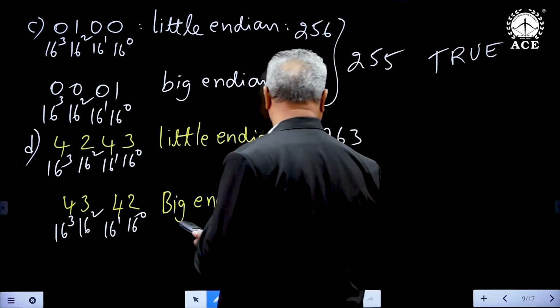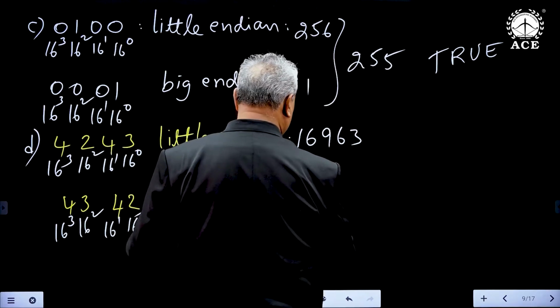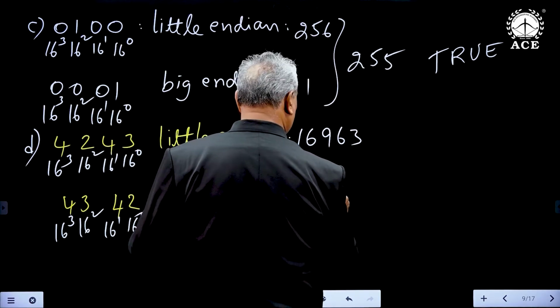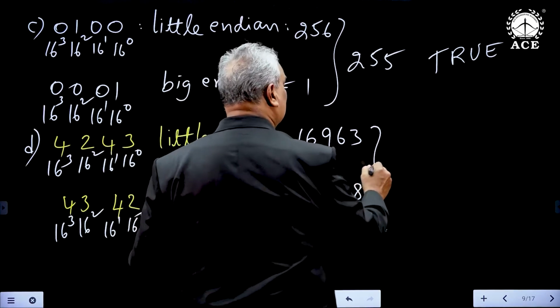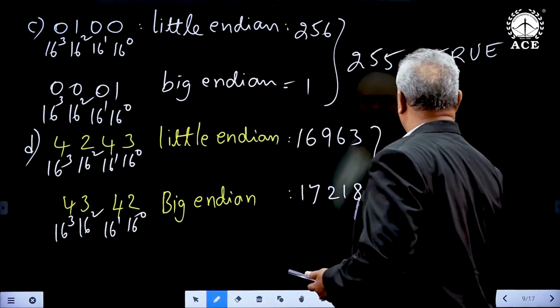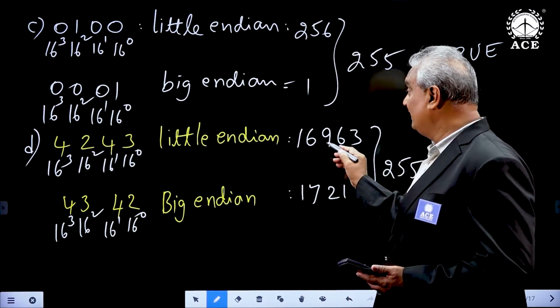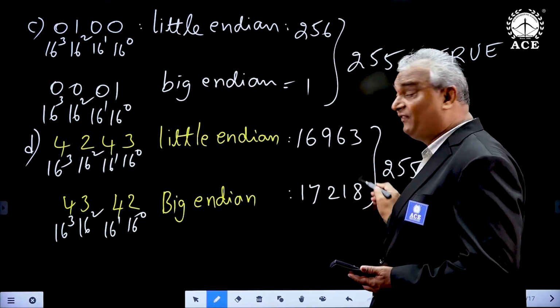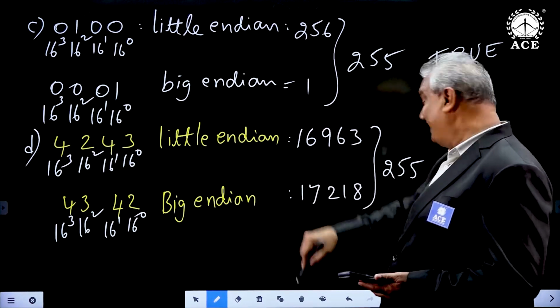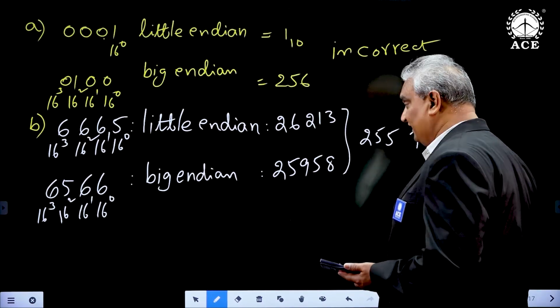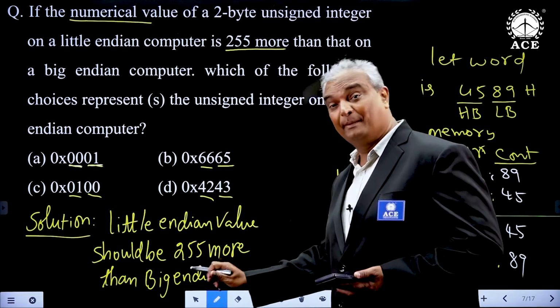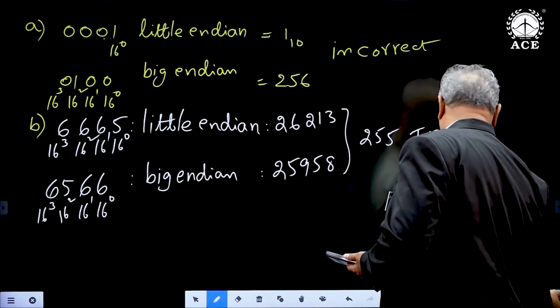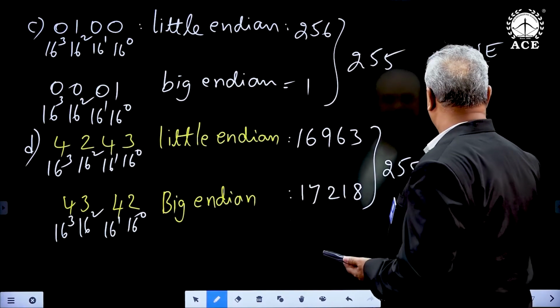What about this value? This value is nothing but 17,218. What about the difference? The difference is 255. But the big endian value is 255 more than little endian. But according to the given question, we require the little endian value to be 255 more than big endian. Because of that reason, it is also incorrect.